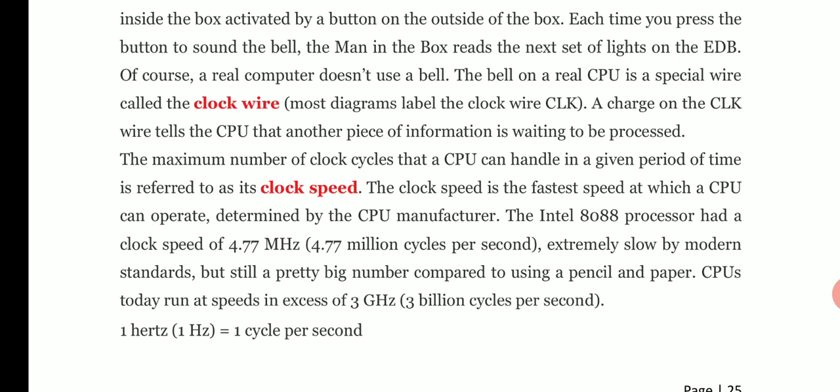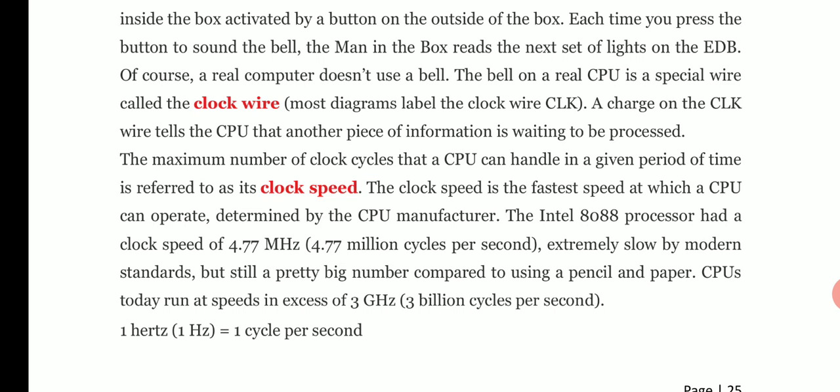The maximum number of clock cycles that a CPU can handle in a given period of time is referred to as its clock speed. So the clock speed is the fastest speed at which a CPU can operate, determined by the CPU manufacturer.